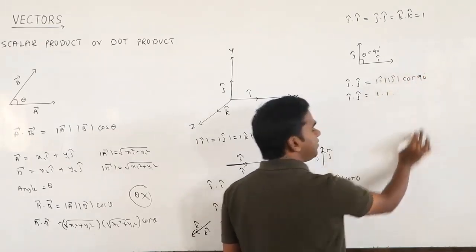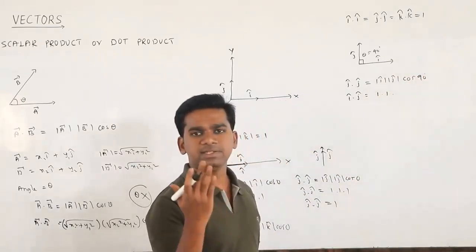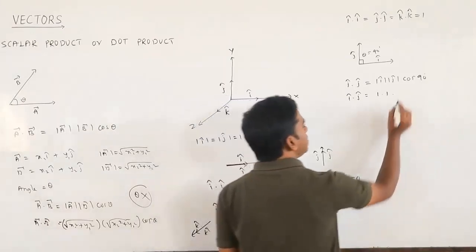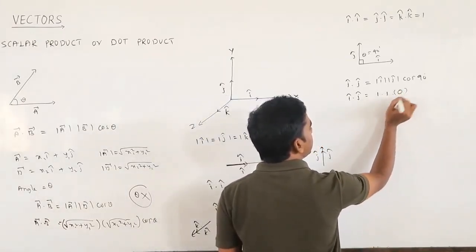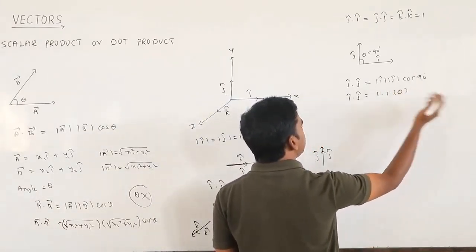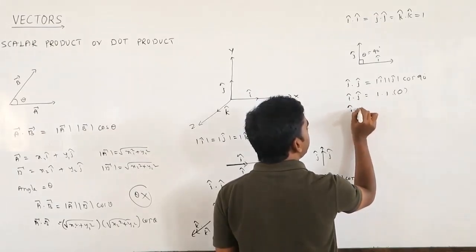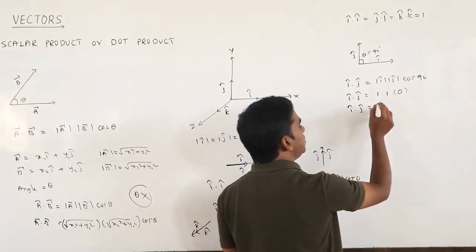What is cos of 90 degrees? Cos of 90 degrees, as we know, is 0. So 1 into 1 is 1 and 1 into 0 is 0. So i cap dot j cap is going to be 0.